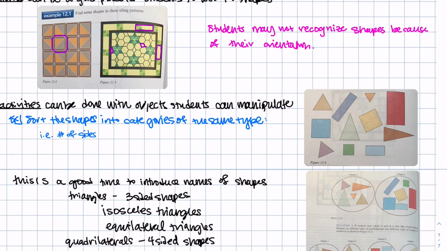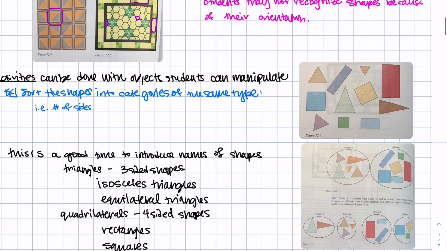And then from there, I can even sort within each of these 2 groups or categories. The triangles, I could break up into isosceles triangles, which have 2 sides of equal length, and equilateral triangles, where all 3 are the same length.